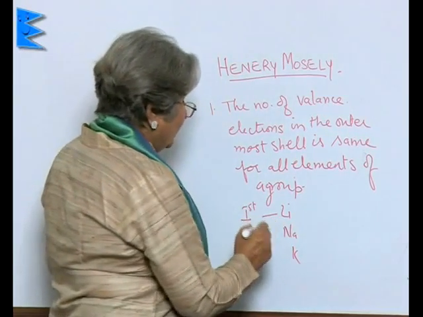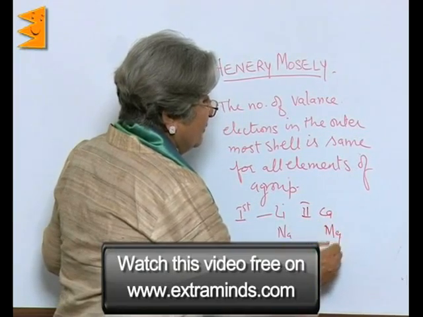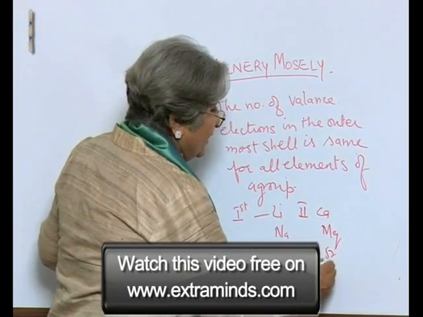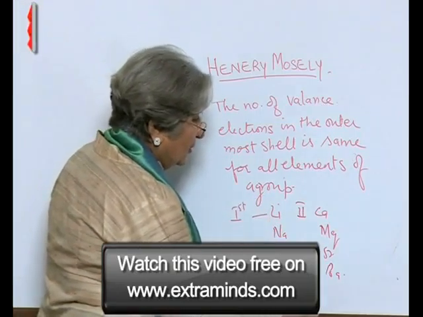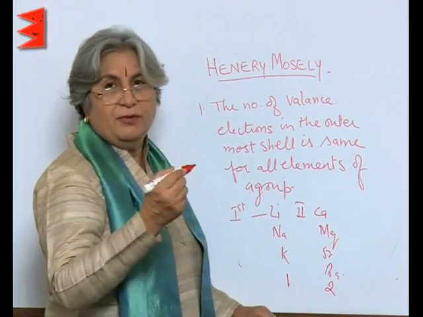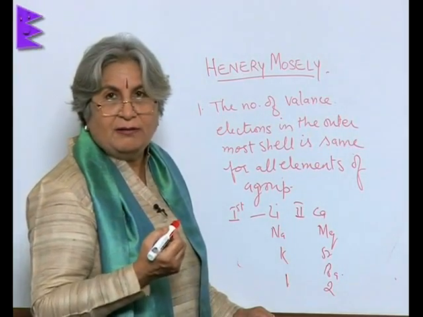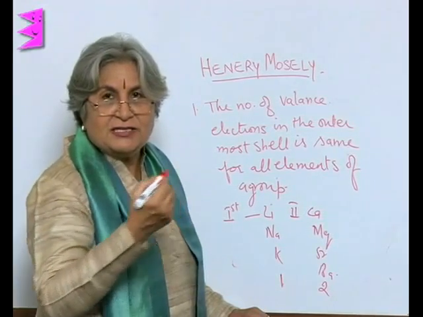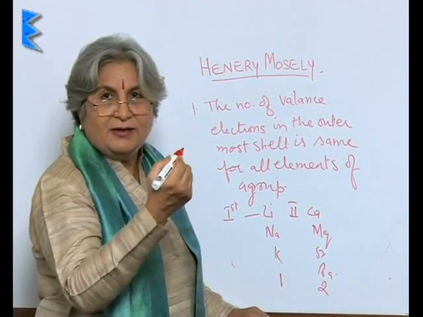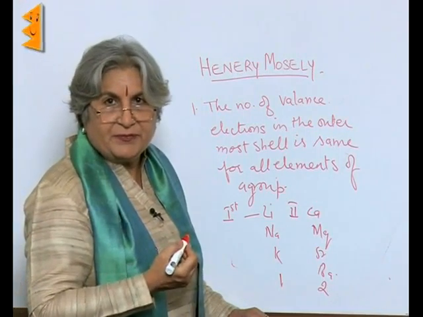In the second, calcium, magnesium, strontium, barium, etc., again 2. Aluminium, boron 3, carbon, silicon 4, nitrogen, phosphorus 5, oxygen, sulfur 6, halogens, fluorine, chlorine, bromine, iodine 7.